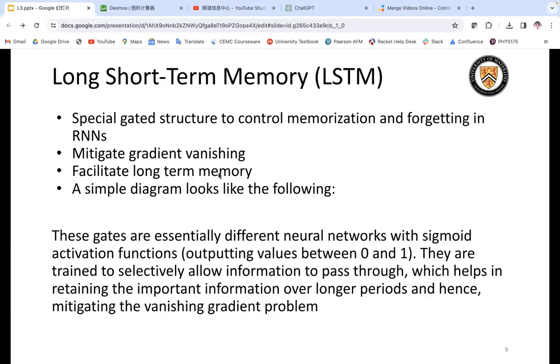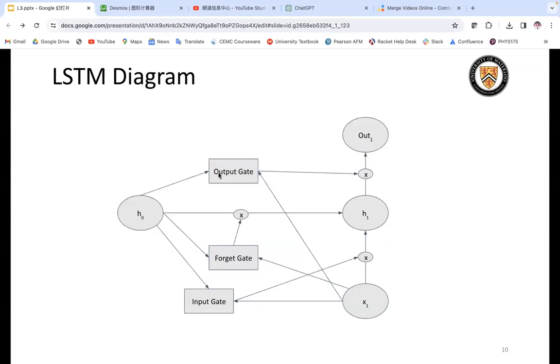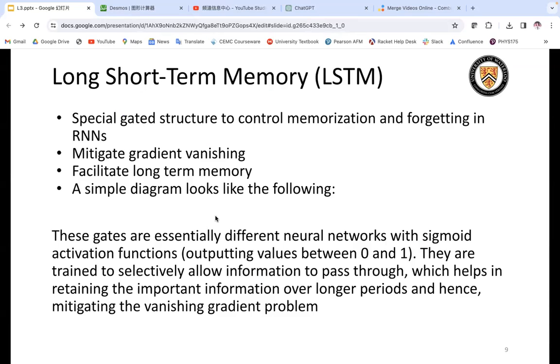A simple diagram will look like the following on the next page, where we have these hidden states H0, H1, we have some input X1, and some output Out1, and we have 3 gates here: output gate, forget gate, and input gate. These gates are essentially different neural networks with single activation functions, which output values between 0 and 1. They are trained to selectively allow information to pass through, which helps in retaining the important information over longer periods and hence mitigating the vanishing gradient problem.